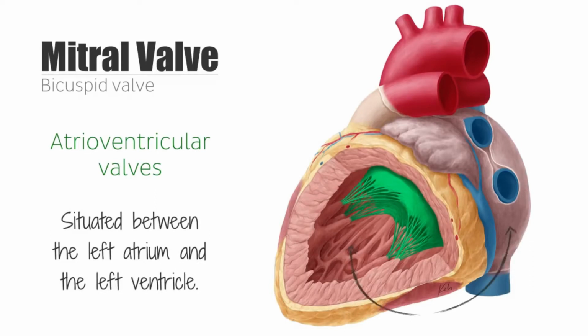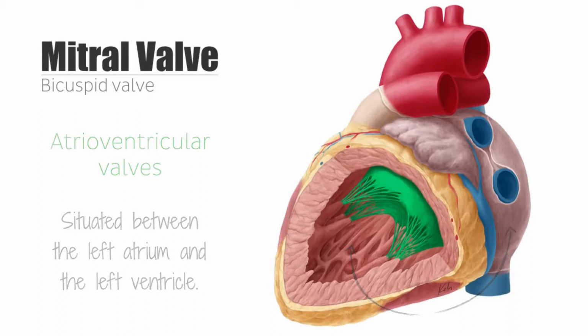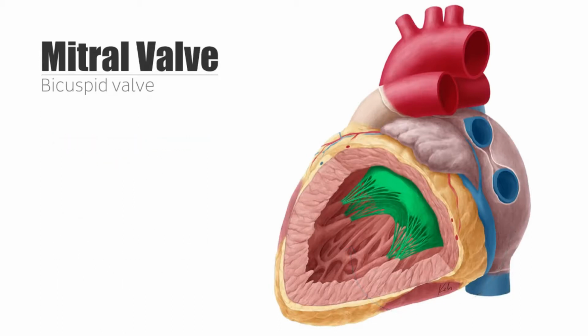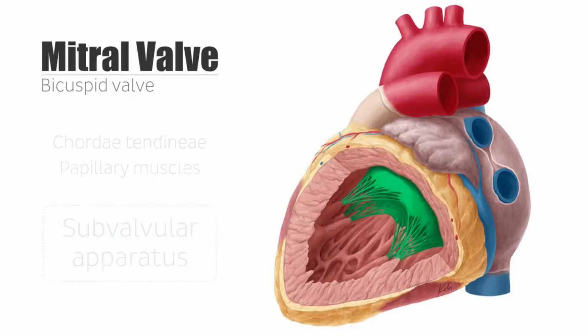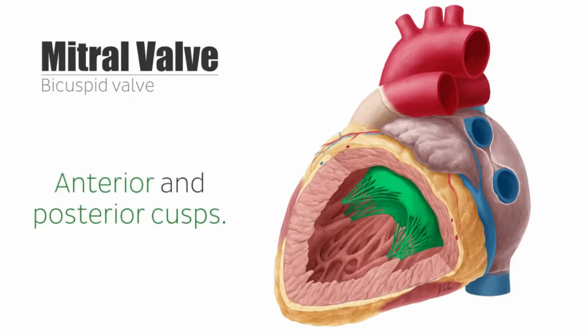The atrioventricular valves attach to the ventricular walls via the chordae tendineae, which in turn attach to the papillary muscles so that the leaflets are held tightly and don't invert to the left atrium. This extended attachment of the chordae tendineae and the papillary muscles is known as the subvalvular apparatus. The mitral valve has an anterior and posterior leaflet.